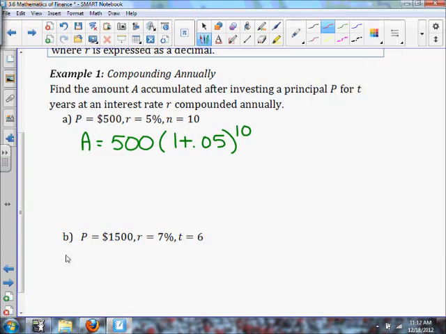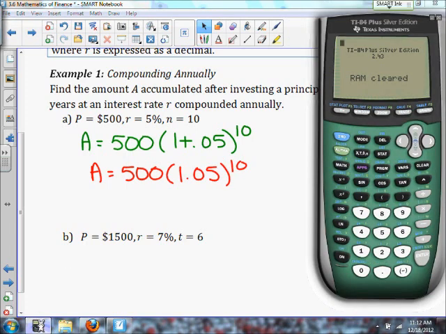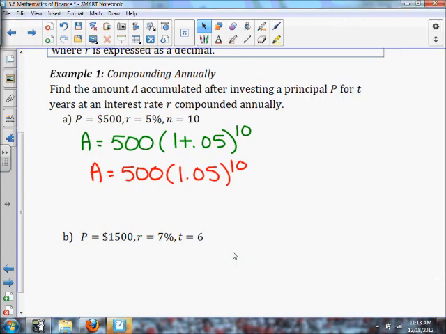When we put this in our calculator, 500 times 1.05 to the 10th power, we get $814.45.